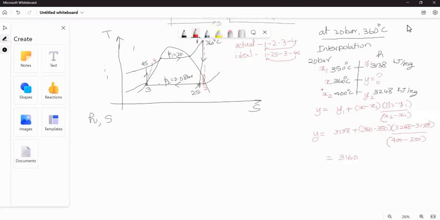So the original value is 3160 kilojoule per kilogram. So that is the mathematical interpolation from this steam table. You should know there is a step to find out the value.